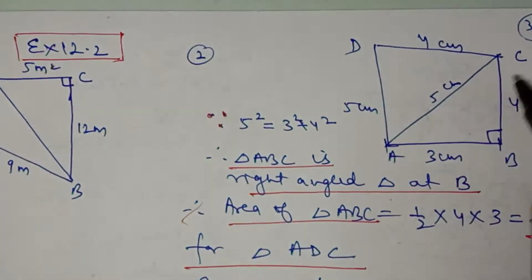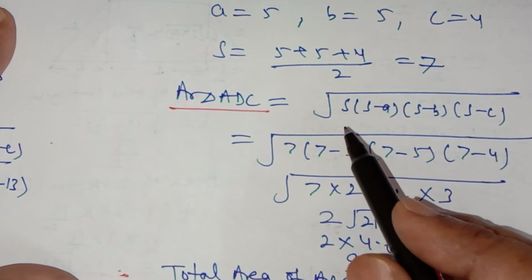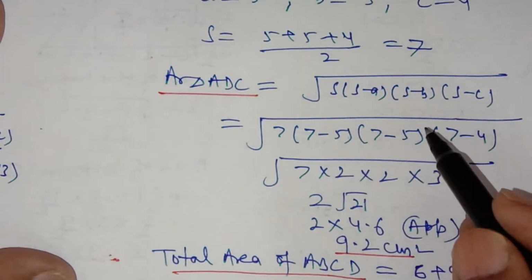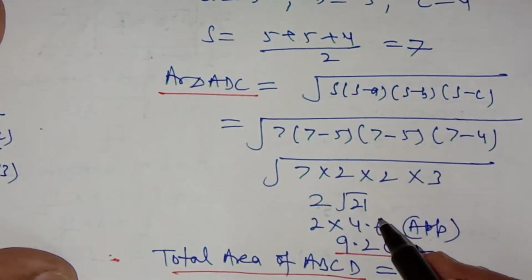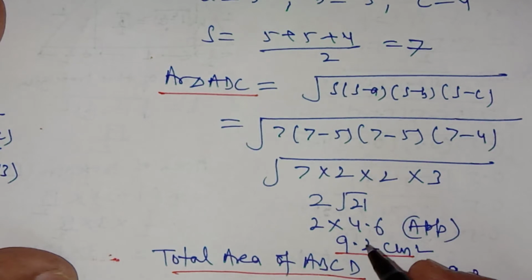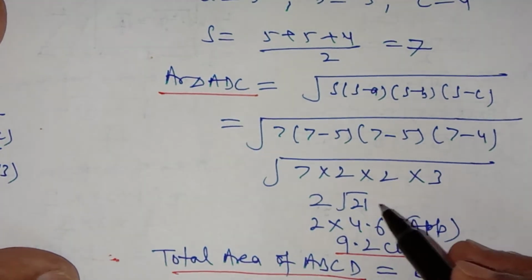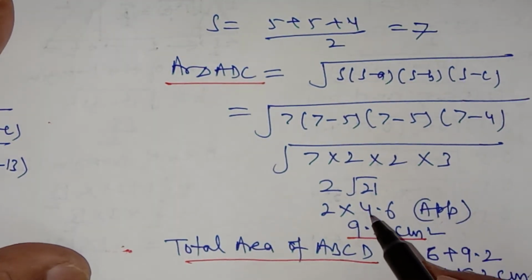Then the area of triangle ADC is under root s minus a, s minus b, s minus c, that is 7 into 2 into 2 into 3. So 2 comes outside, and we get root 21. The square root of 21 is approximately 4.6. You take your own time to find the square root of 21 in your rough column. So it will be 9.2 centimeter square.